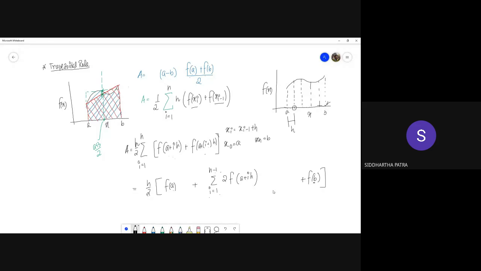So this is the more compact formula: you evaluate f of a and f of b, and in the end it is h times, f of a plus f of b divided by 2, plus summation over i equals 1 to n minus 1 of f of a plus i times h.